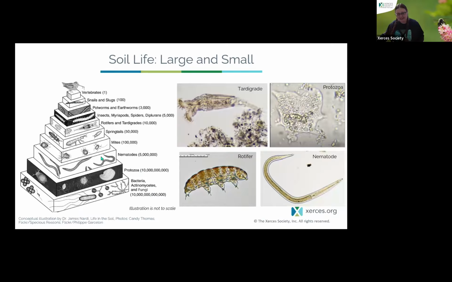Then we get into mites and springtails, tiny small invertebrates, going up the pyramid to larger things like earthworms and spiders, and then snails and slugs, and then our vertebrates, right? And so we'll talk about a lot of these groups today with a little more focus on ones we could see, especially when we talk about sampling.